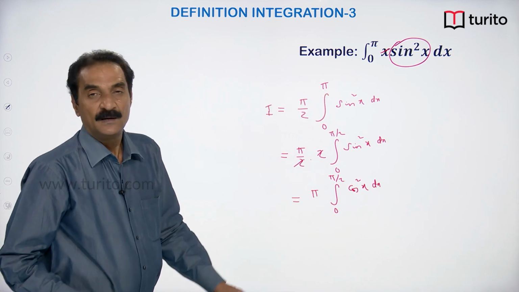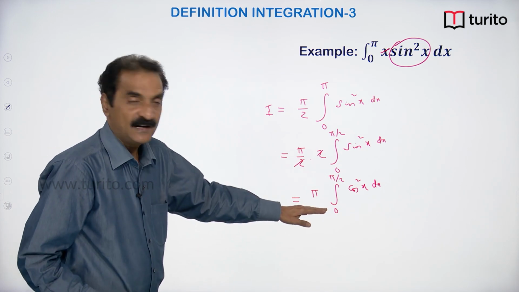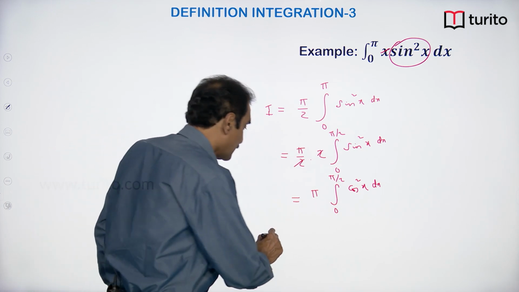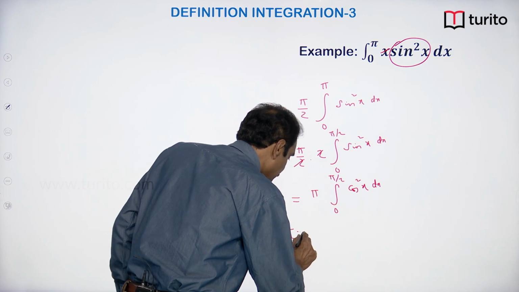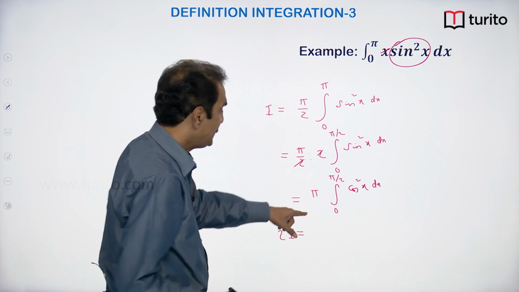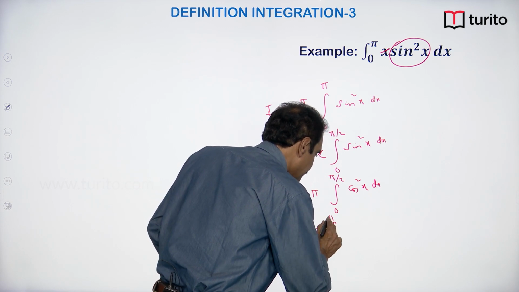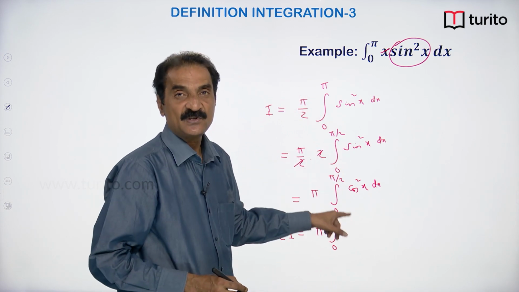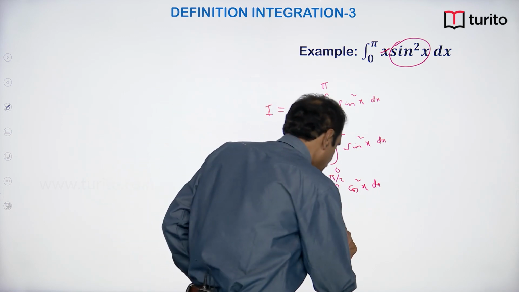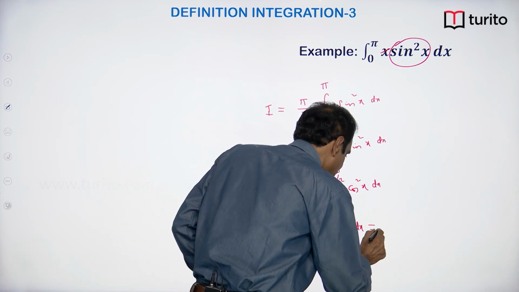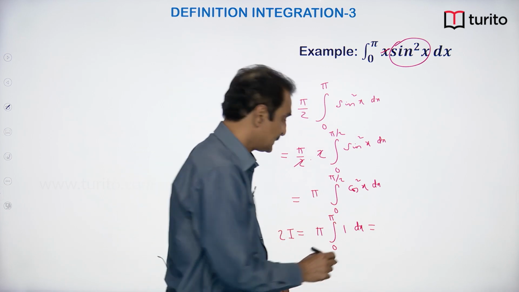Okay. Now adding this integral and this integral, 2I is equal to pi into integral 0 to pi by 2, sine square x plus cos square x is 1, dx. Integral of 1 is x.